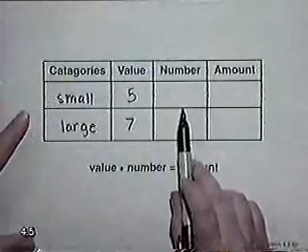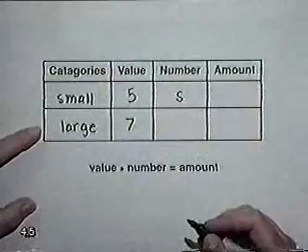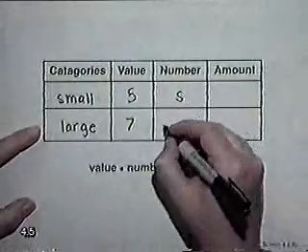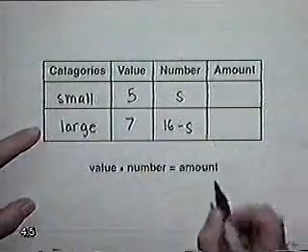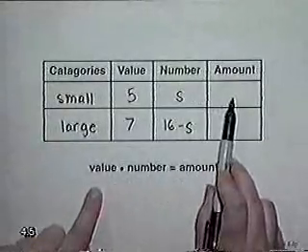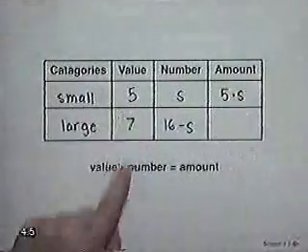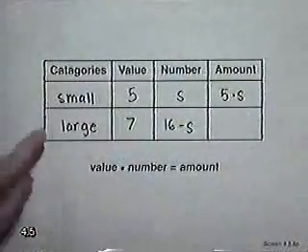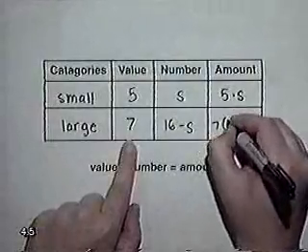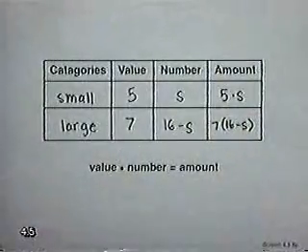The number of small shrubs that she sold is S, and large shrubs she sold 16 minus S. We use this equation to fill in for amount. So 5 times S is the amount for small shrubs. 7 times 16 minus S is the amount for large shrubs.